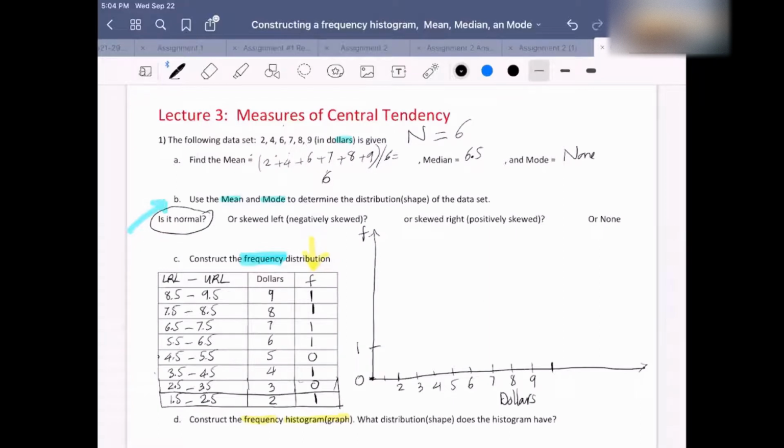You can start from left to right or from right to left. Either way is okay. So look at number 9 here, then you can see that the lower limit is 8.5. Let me use a different color so that you can see it better.